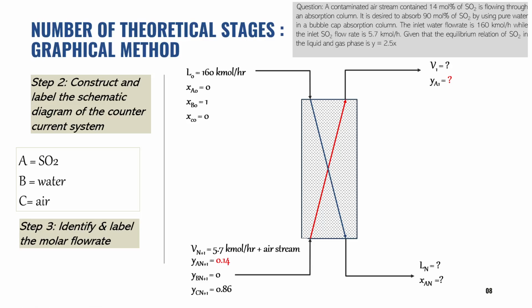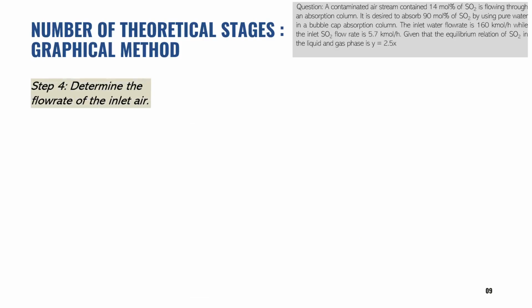The total flow rate of liquid leaving the system is the combination of liquid flow and a small amount, sorry, it's not a small amount, 90% of the SO2 from the stream. And the mole fraction of SO2 in the liquid stream is denoted as XAN, still unknown.